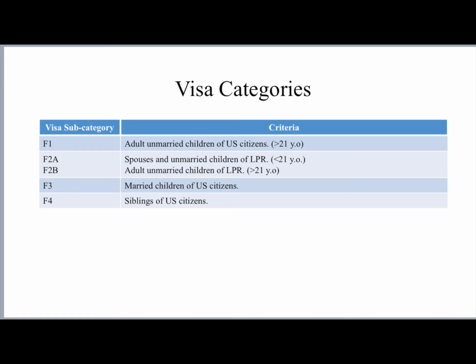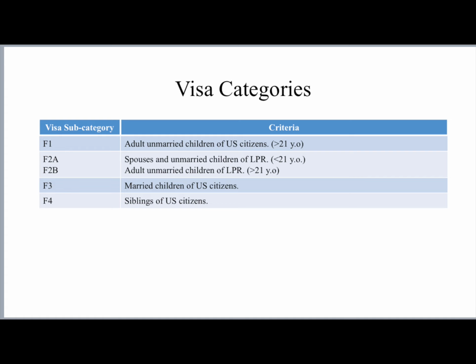Because unlike the immediate relative visa category, for the F category, there is a quota. There is a number of green cards that are available every year. 226,000 to be exact for this year. Another important thing to note is that the year is not like the calendar year.